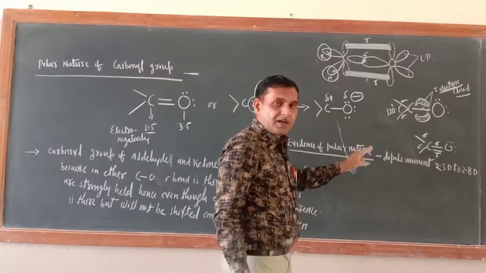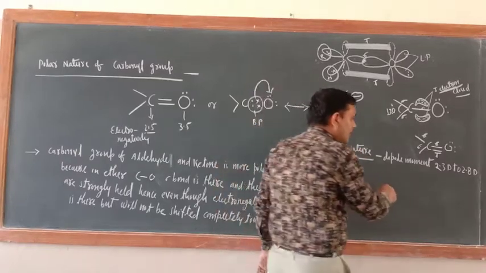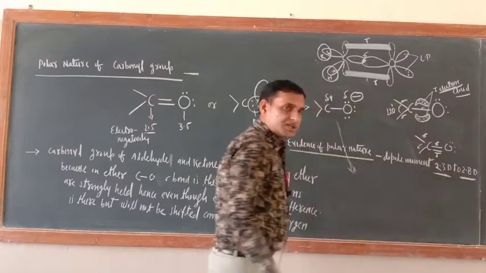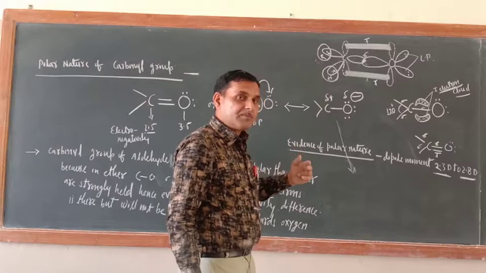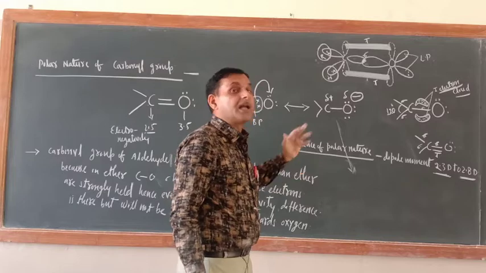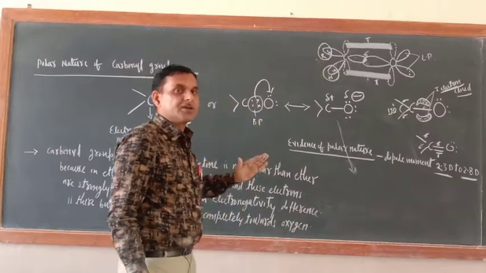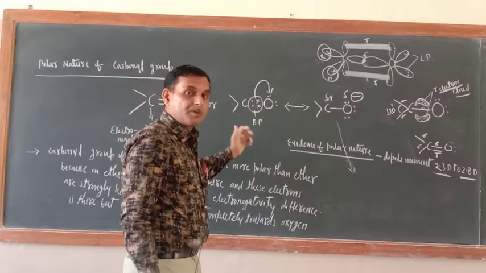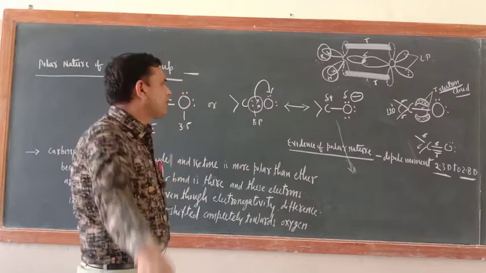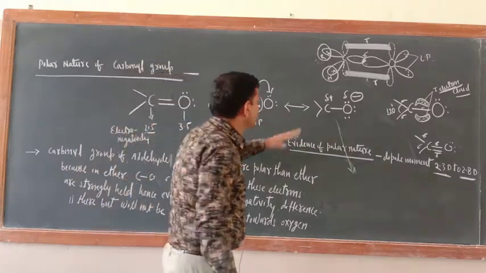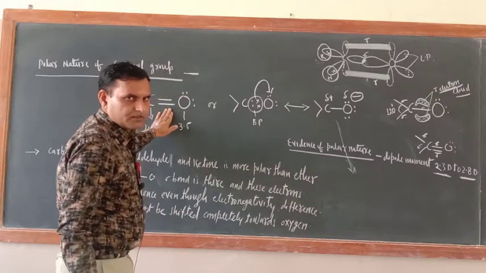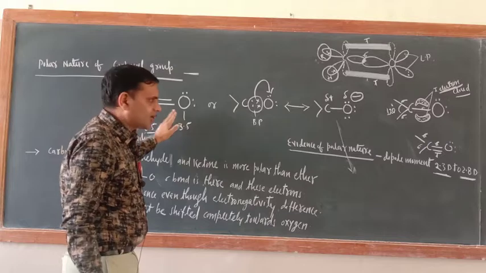The dipole moment of aldehydes and ketones is found between 2.3 D to 2.8 D. It means aldehydes and ketones are highly polar, because of the electronegativity difference. And these are the 2 resonating structures of the carbonyl group of aldehydes and ketones.